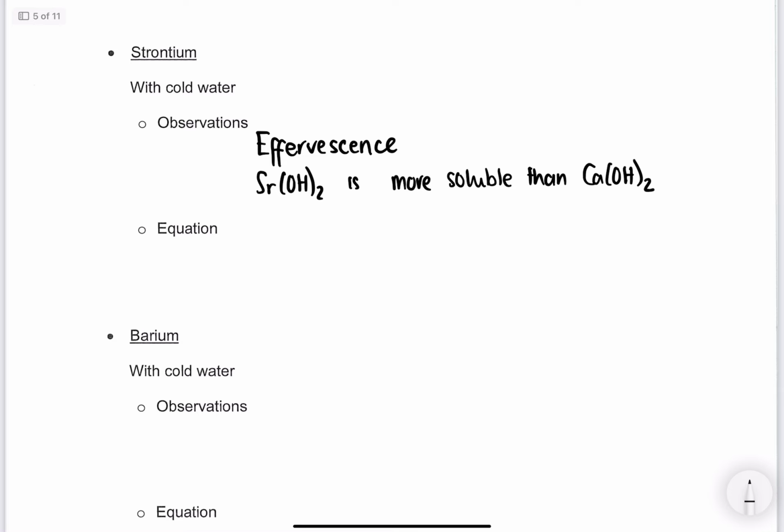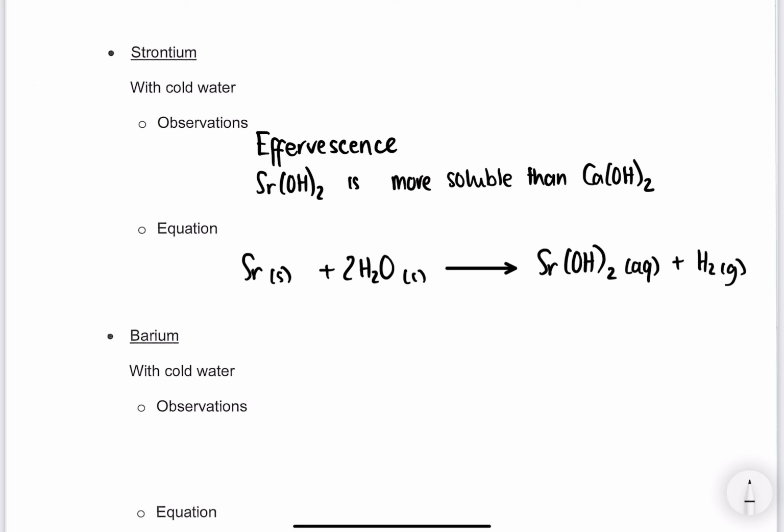In fact, it will mostly be a solution. So our strontium reacts with our water, same reaction, to give us the strontium hydroxide and hydrogen gas, our effervescence.